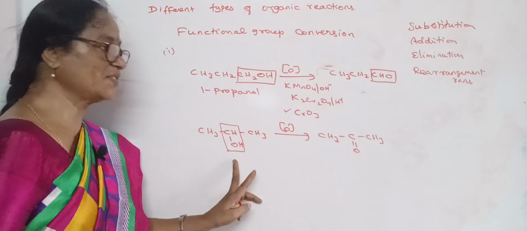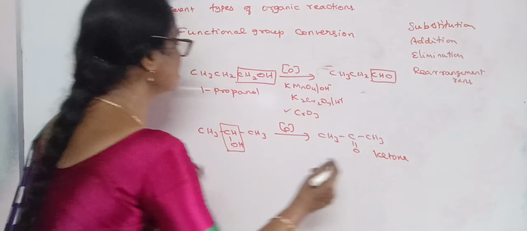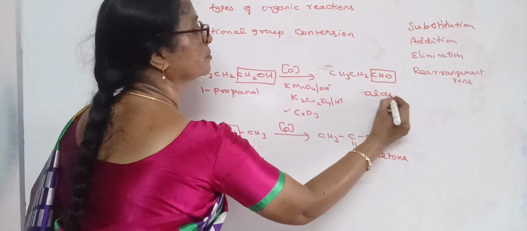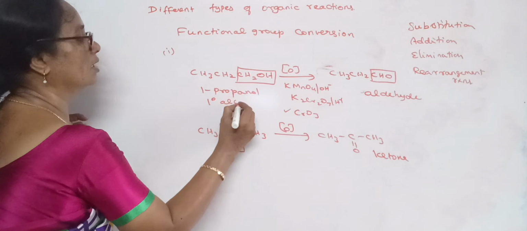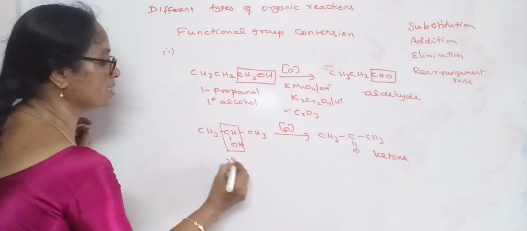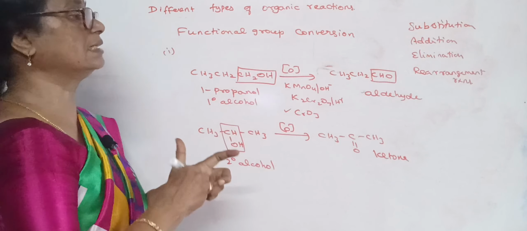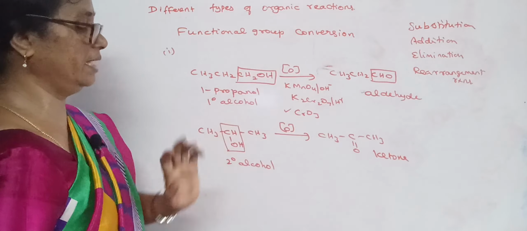So oxidation of secondary alcohol gives ketone, but oxidation of primary alcohol gives aldehydes. So primary and secondary alcohols can be converted into aldehydes or ketones by the oxidation process.